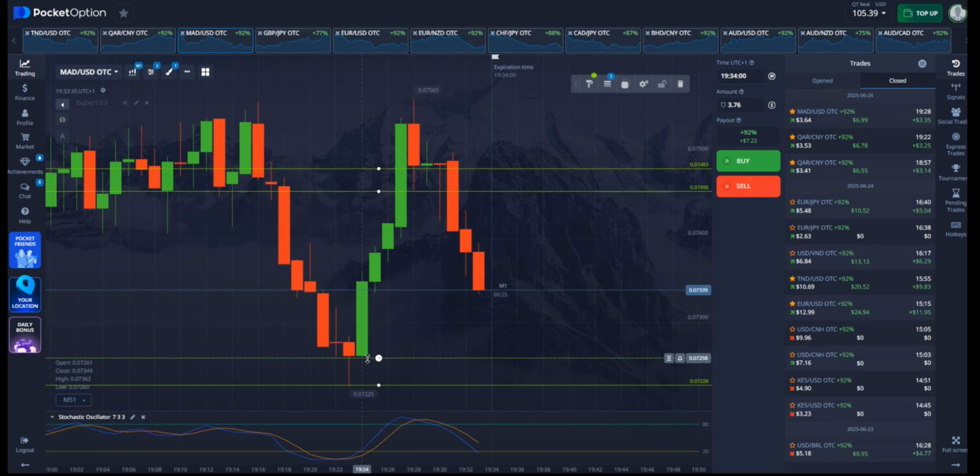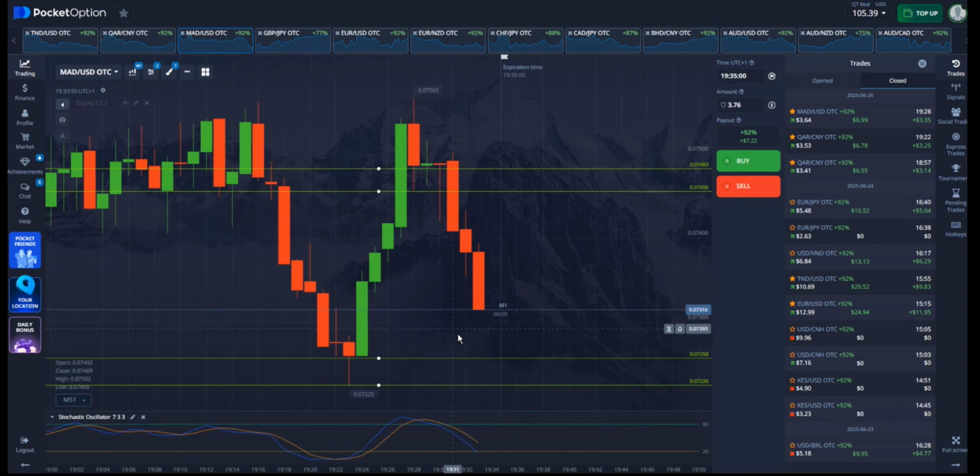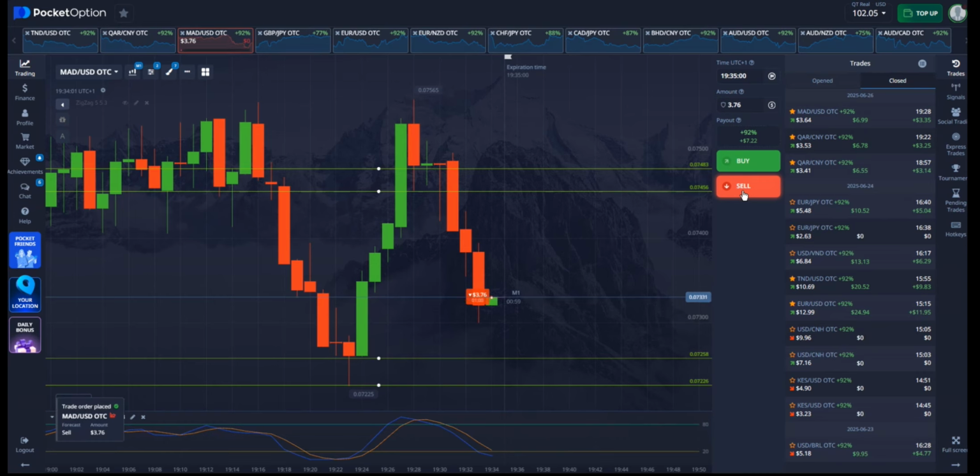The momentum of the sellers is high. This is a strong wick. Now this is a momentum continuation trade, almost like a doji pattern. If this candle breaks this wick below, we can continue with the sell downwards. So far it is not too close to this point, so we can take our sell.